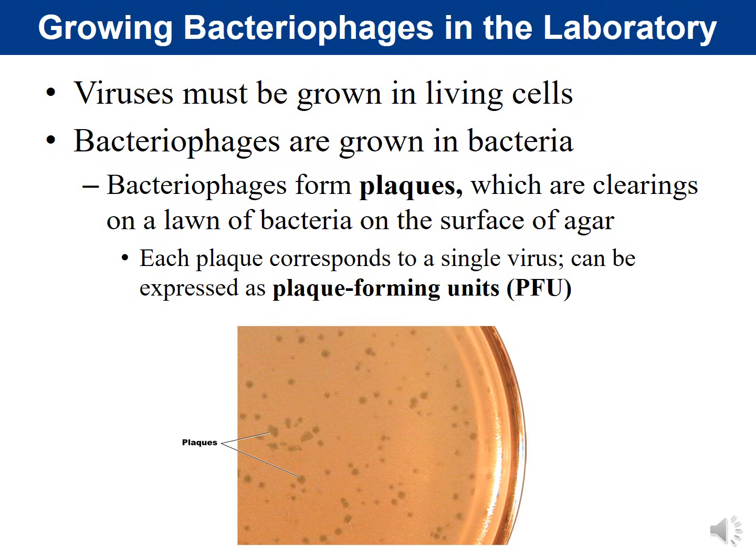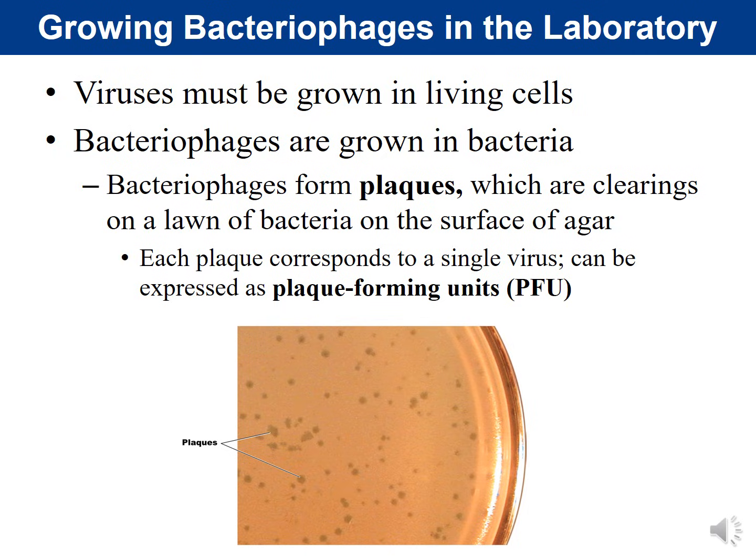And remember that anywhere that the plate was cloudy is a lawn of bacteria, meaning lots and lots and lots of bacteria. And viruses are indicated by these plaques. And these plaques are these clearings. Why this agar is going to be clear versus cloudy is that wherever you have these plaques, that was one virus that infected one E. coli.